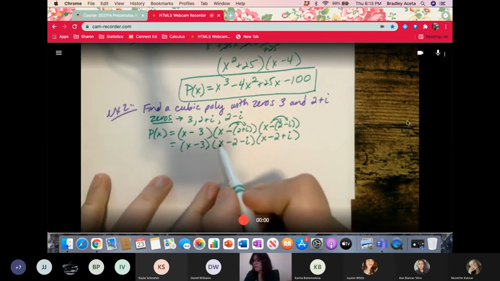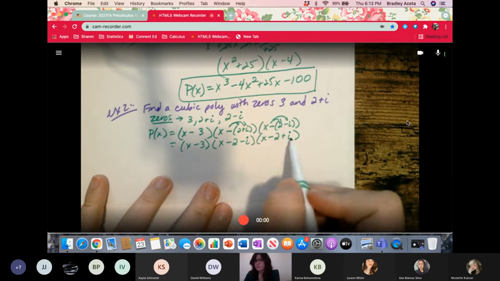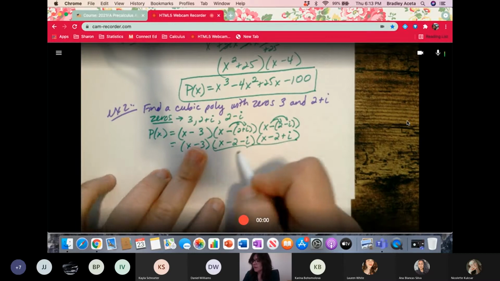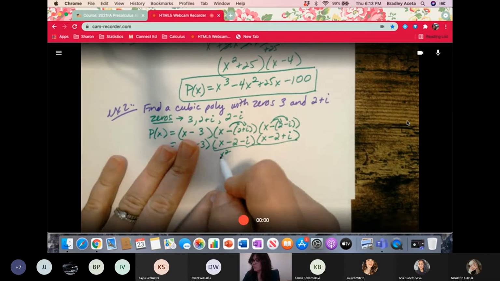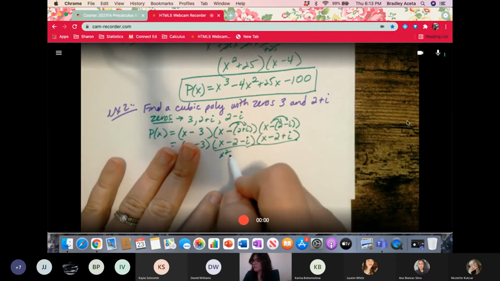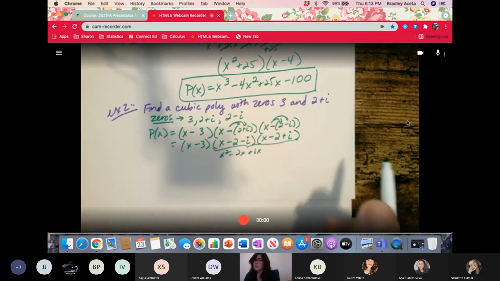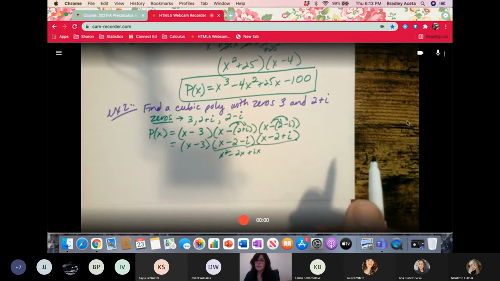So the way I do it is I do first times the first, first times the second, first times the third. So again, I'm working with these two. So x times the x squared. X times -2, -2x. X times positive ix. If you do it right, all those i's will go away.